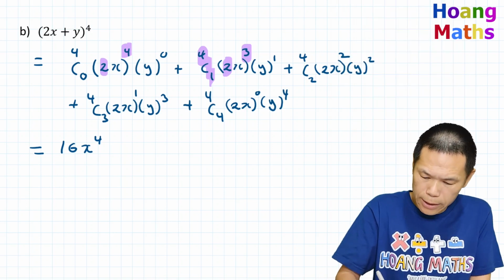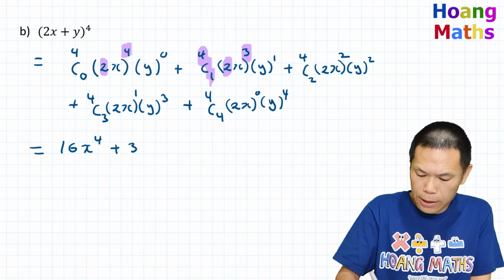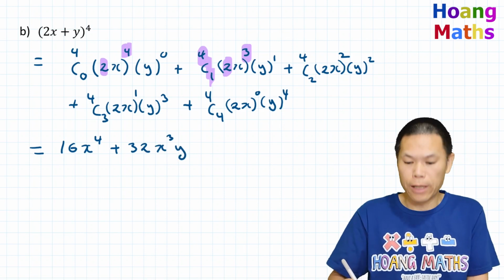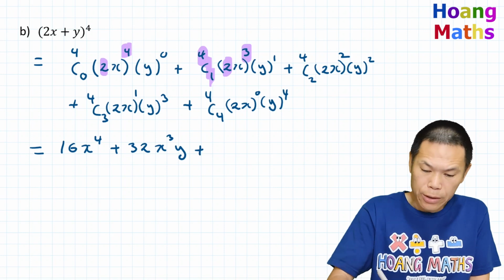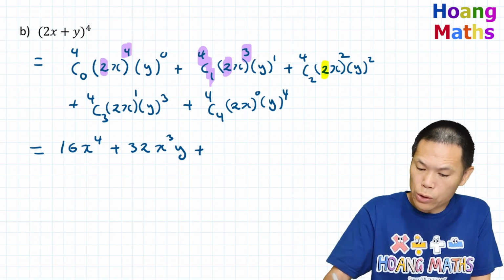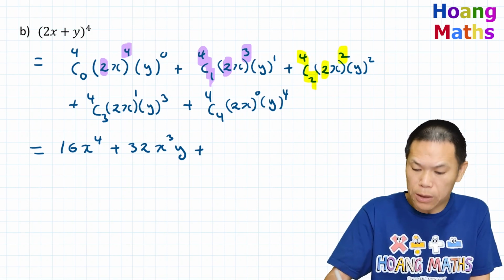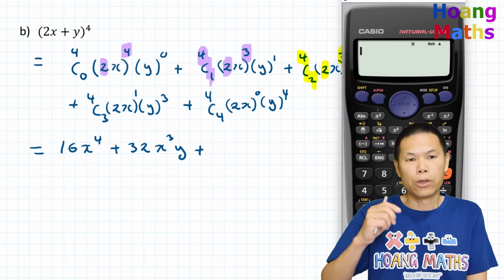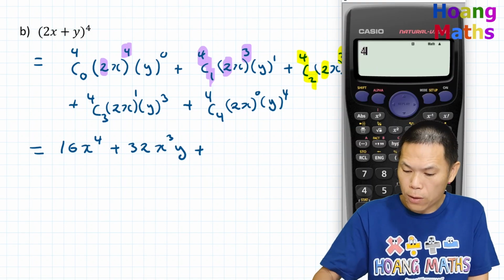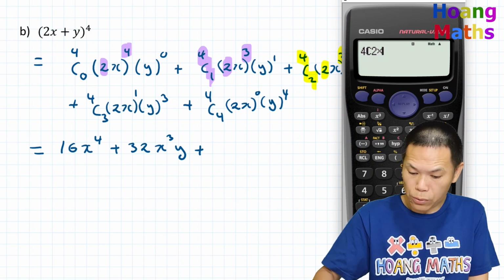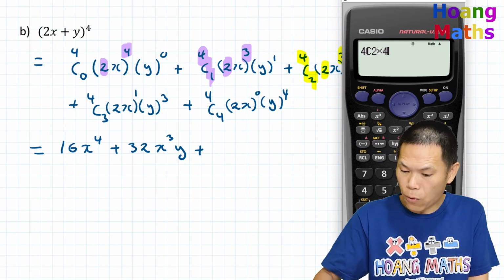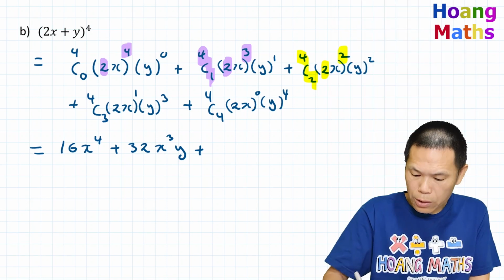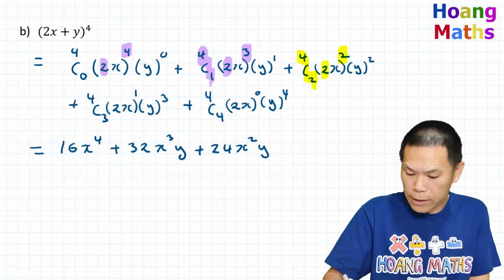So let me just write this down. So plus 32x^3 y. And then we add 2 squared, that is 4, times 4C2. So 4C2 times 4, so it's 24. So we add 24x^2 y^2.